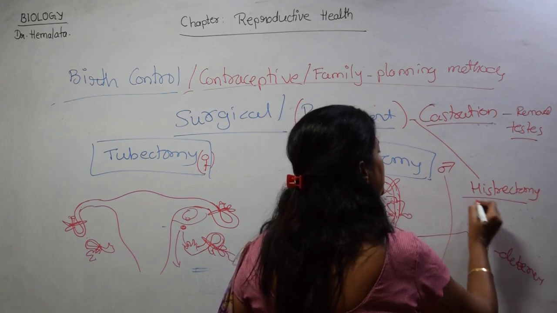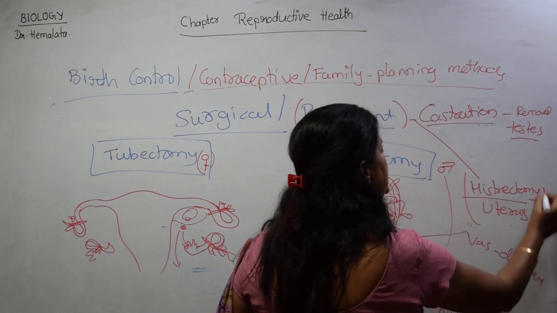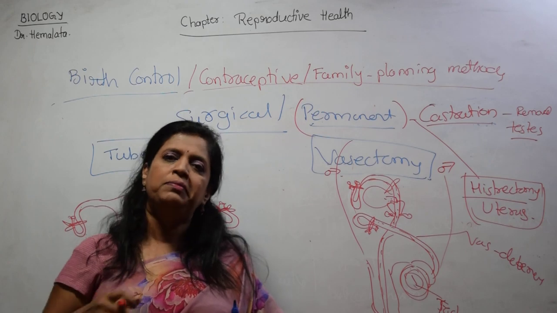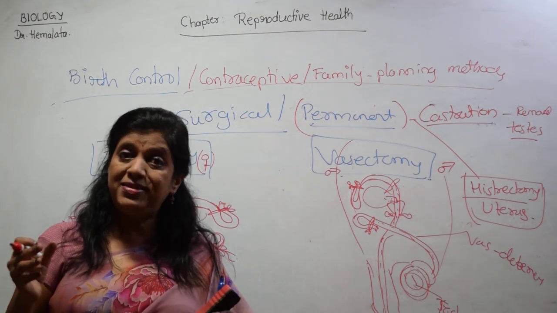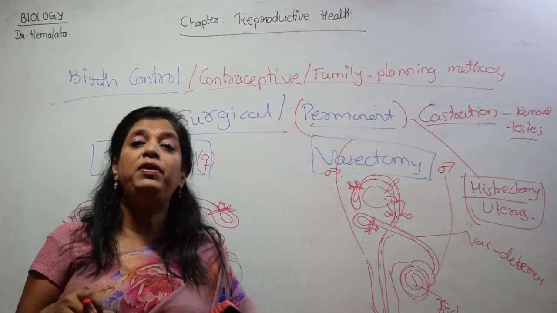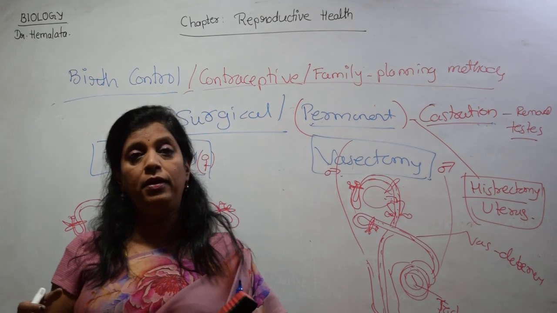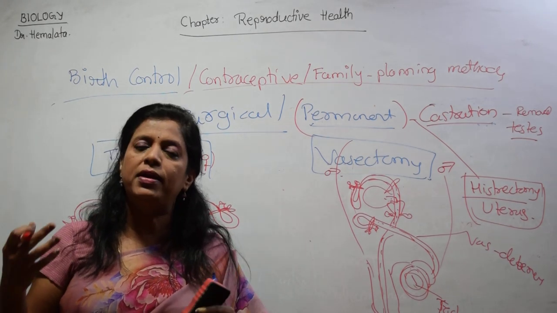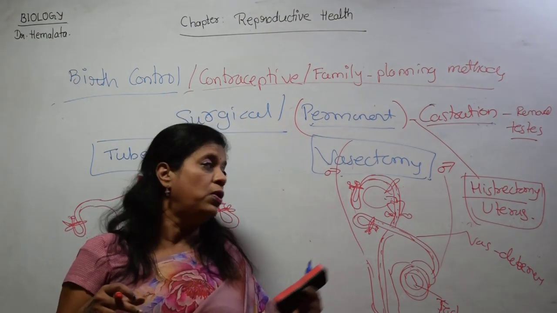Hysterectomy is the condition in which the uterus in the female is cut and surgically removed. This is normally done at a later age, or if there are any tumors or cysts present in the uterus, or the female is approaching menopause and she is having severe bleeding or hemorrhage. At that time hysterectomy is advised, or guidelines are given by the doctors for the female to undergo hysterectomy.